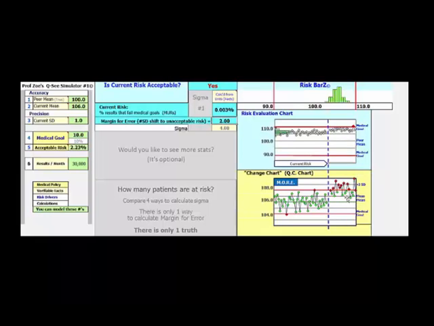If it shifts 2 standard deviations, you know this from the statistics, if the new mean is 2 SDs higher, 50% of the results are above the mean, 50% are below. There's only a 50% chance you're going to detect that error. So although the risk is acceptable now, this QC process is not effective to detect this shift in the mean.